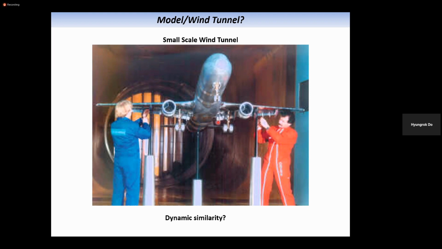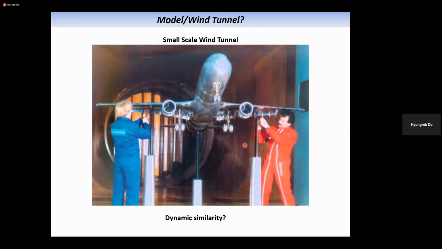That means the Reynolds number will be reduced. If the Reynolds number is reduced, then turbulence behavior or turbulence transition in the boundary layer will be different. So we should think about the dynamic similarity in this case. But if you're considering this kind of similarity issue, measurement will get much easier.